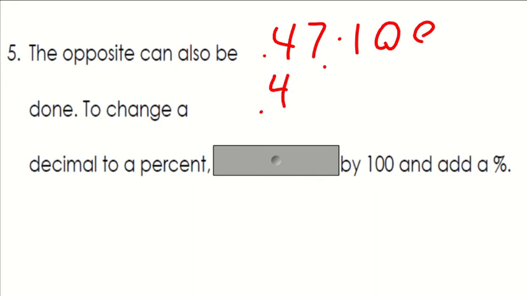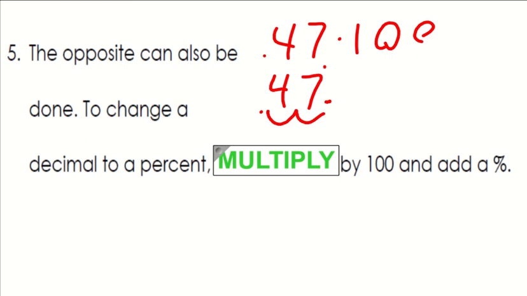Or I can take my decimal, and the opposite of left means we're moving it 2 spots to the right. So 1, 2, the decimal goes there. So that would just be 47%. Okay? That's not so bad, is it?